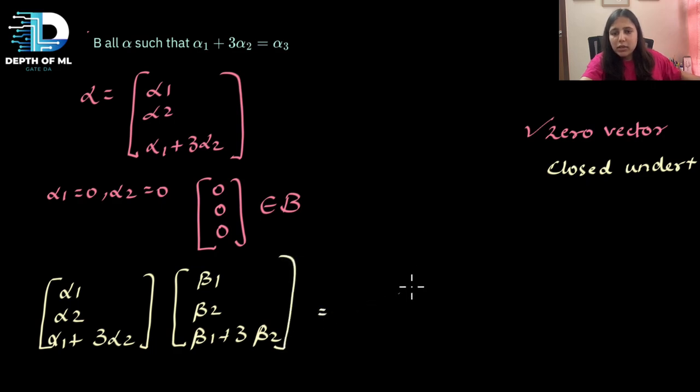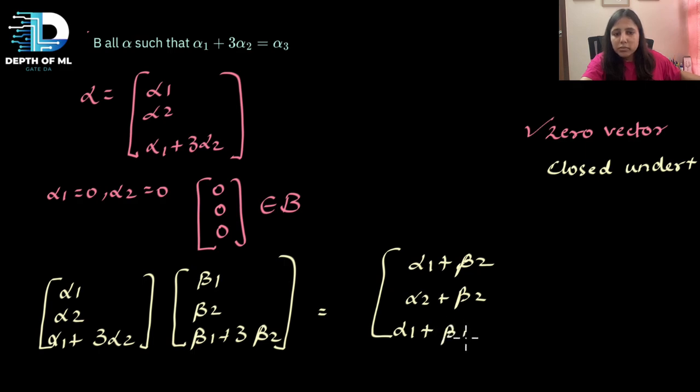I will add them and I'll get alpha 1 plus beta 1, alpha 2 plus beta 2, and so on. I'm simplifying this in steps because I've done it multiple times, but if you break it down and rearrange it, you will get this form.